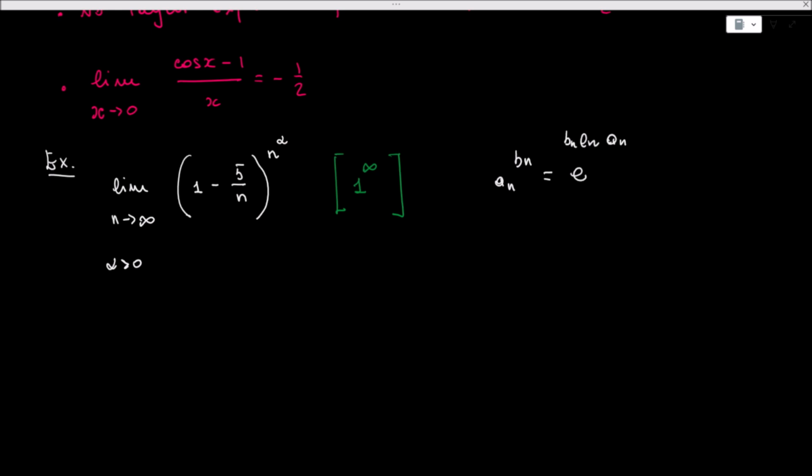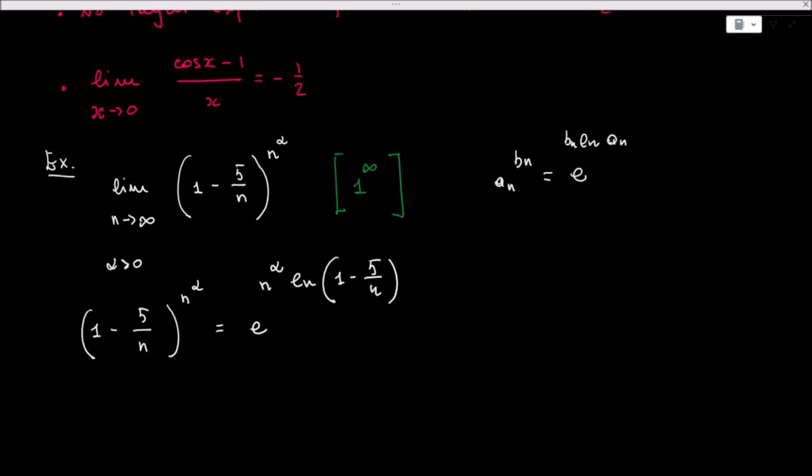So we can rewrite 1 minus 5 over n, all raised to the n alpha, as e raised to n to the alpha times the logarithm of 1 minus 5 over n.